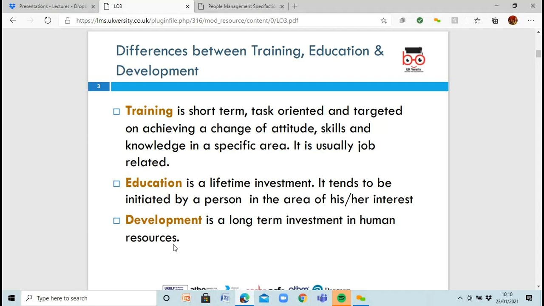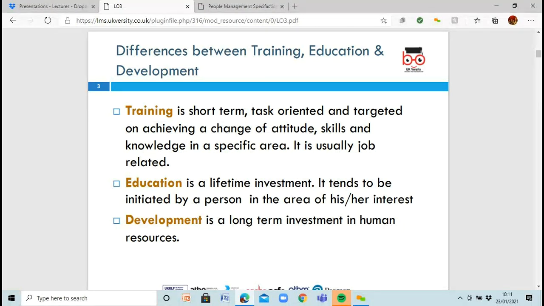So there are differences between training, education, and development, and we'll just quickly go over what those are. Training is short term, so it's task orientated, and you're just targeting the factor that you're trying to achieve, a change of attitude, or some skills or some knowledge in a specific area. So this is normally job related. Education is a lifetime investment.